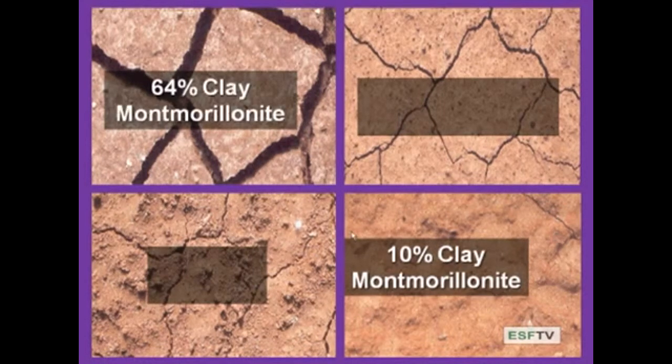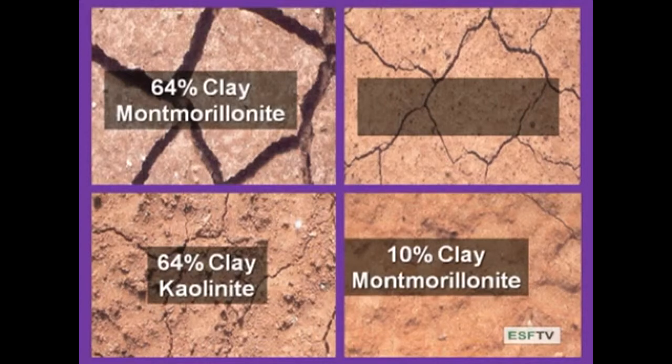If we take the same clay, montmorillonite, and we up it to 64%, this is a lot of clay. This is what happens when that soil dries out: you get these very large cracks. So the amount of clay and the type of clay are very important in the physical and chemical properties. Hence, we spent quite a bit of time differentiating these clays. Up here in the lower left, here's 64% clay, as much clay as we had above, but now we're talking about kaolinite.